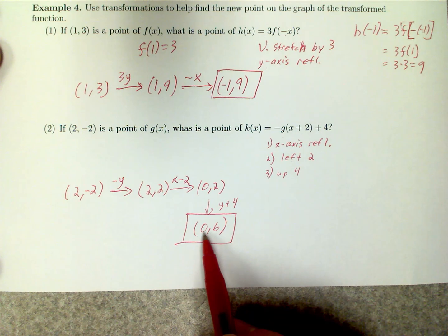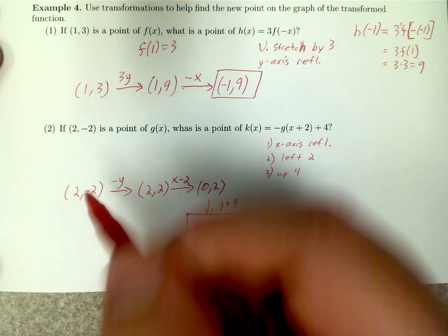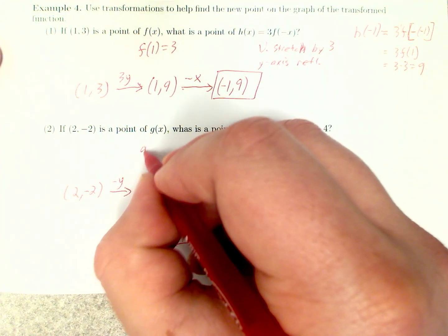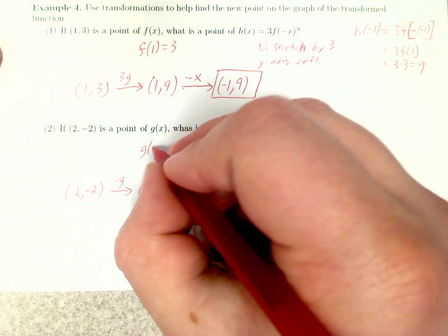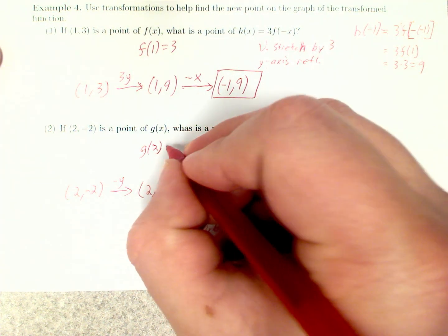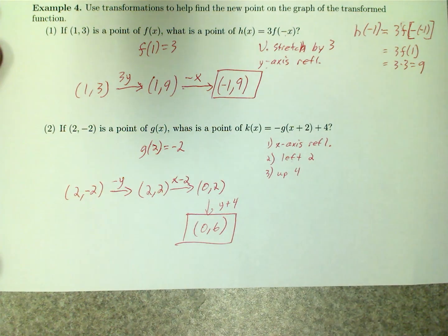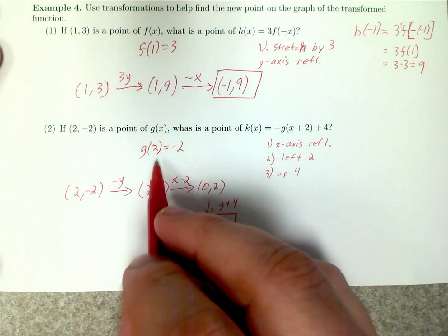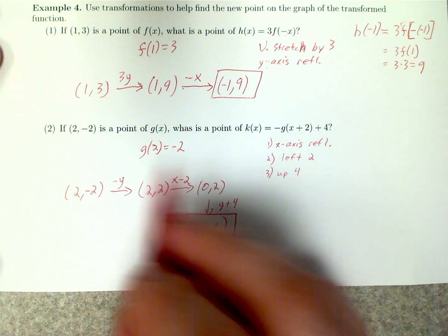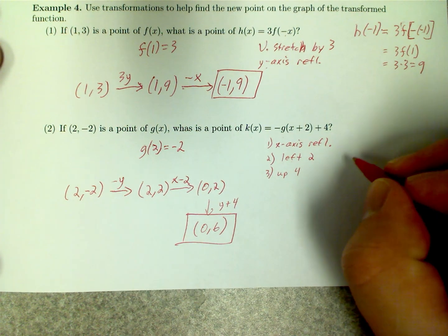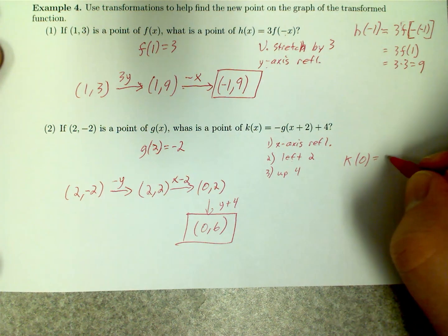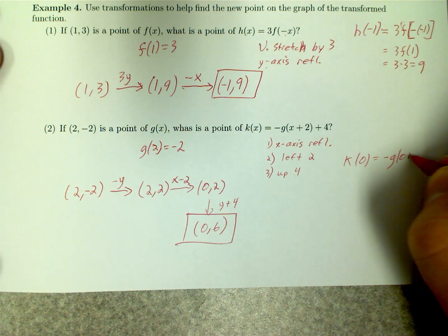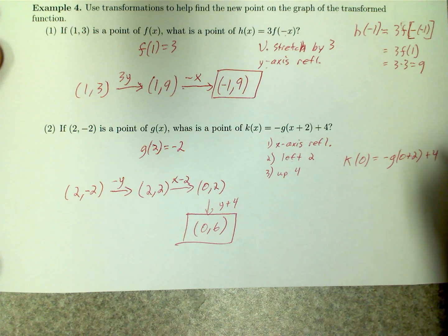We can confirm though by making sure what this point actually says. It says if you plug in 2, you're going to get out negative 2. So we can confirm this using this idea. K of 0 equals negative of g of 0 plus 2, plus 4.